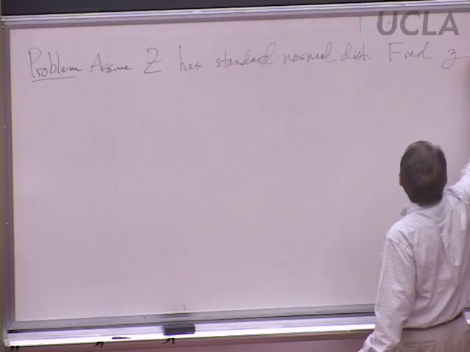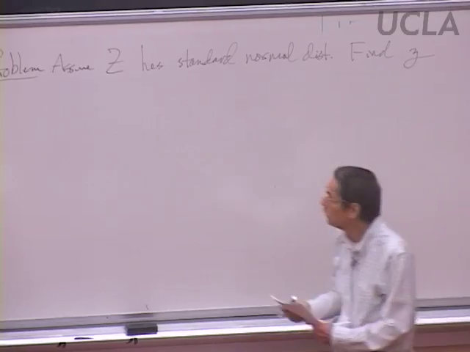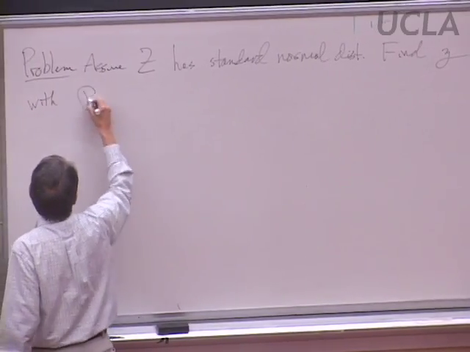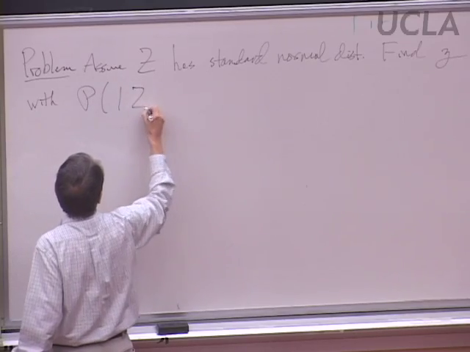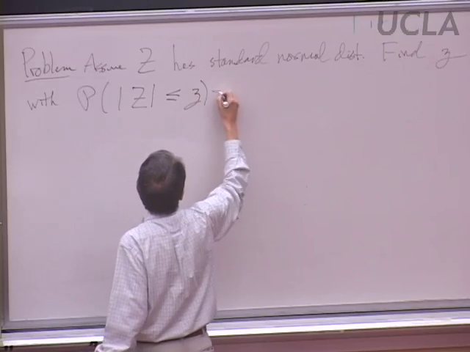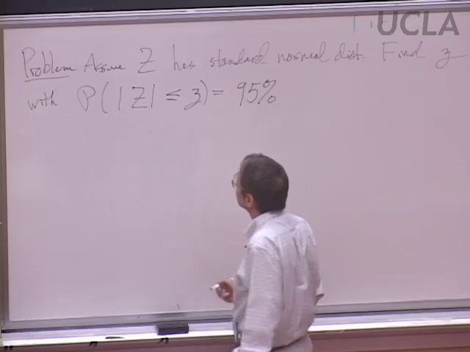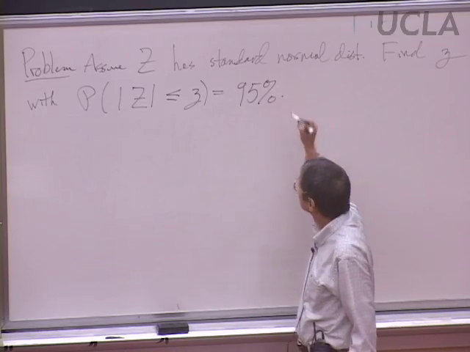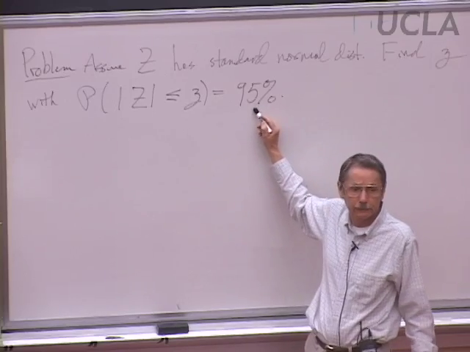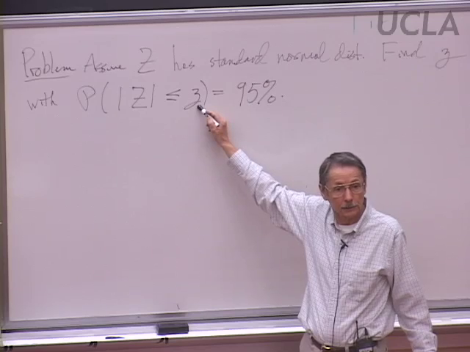We want to find a number, call it little z, such that the probability that the random variable in absolute value is less than or equal to z will be 95%. That is, we're given the probability, 95%. We want this number, little z.